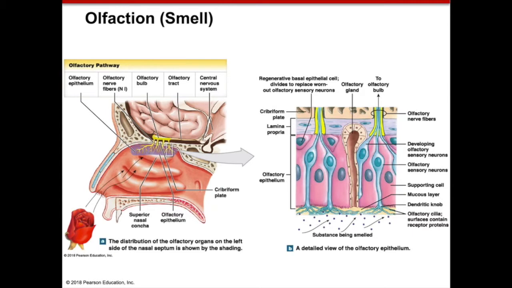So you see that they are in the top of our nasal cavity, so we require that we breathe in through our nose to have a better sense of smell, and then the olfactory nerve fibers pass through the cribriform plate and form the olfactory bulb, the olfactory tract, and then they project into the nervous system, the central nervous system.